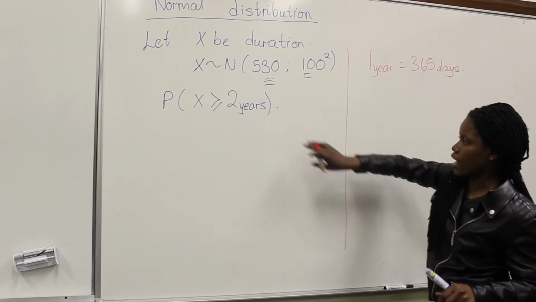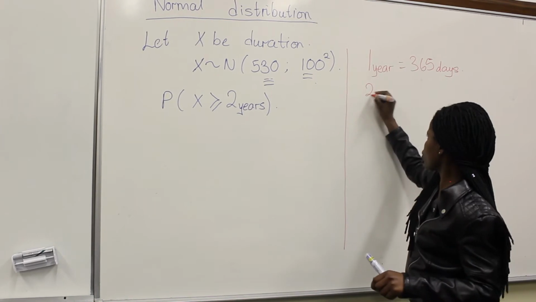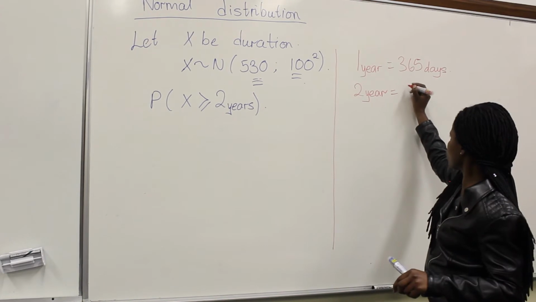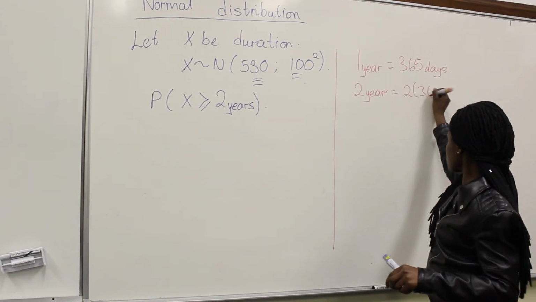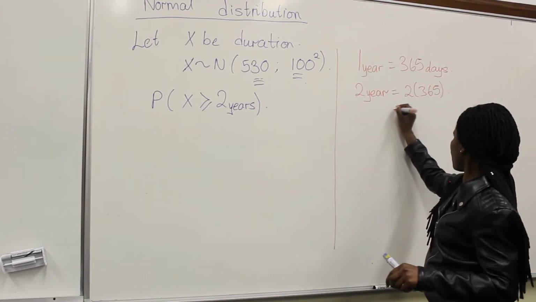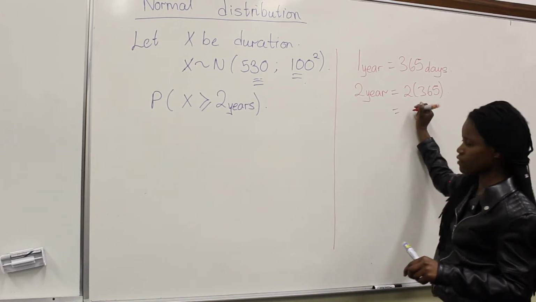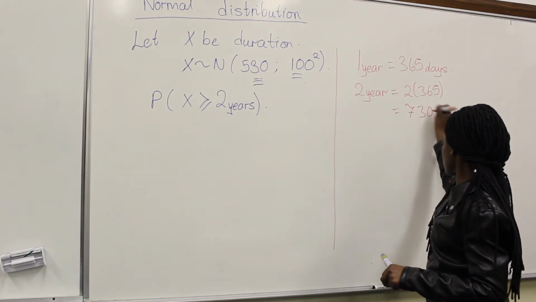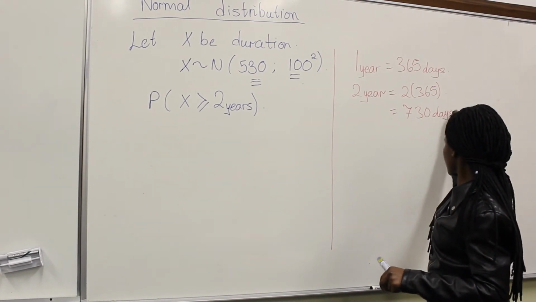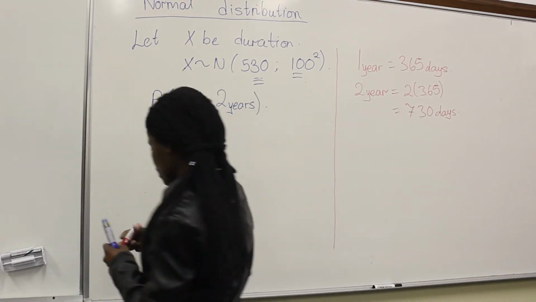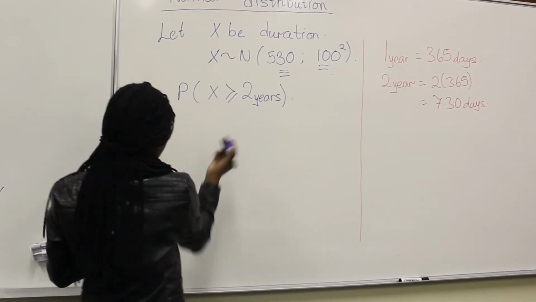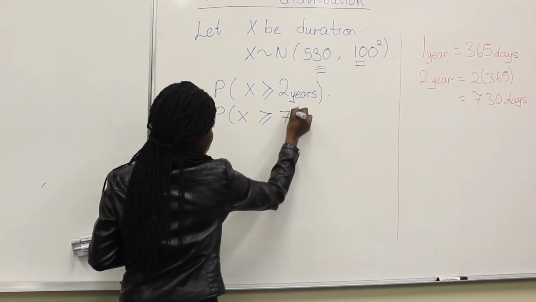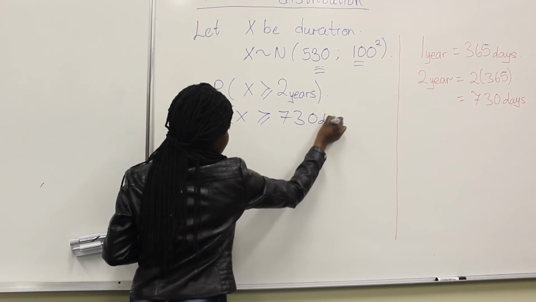So 2 years is going to be equal to 2 times 365, and this gives us 730 days. This automatically means the probability of x is greater or equal to 730 days.